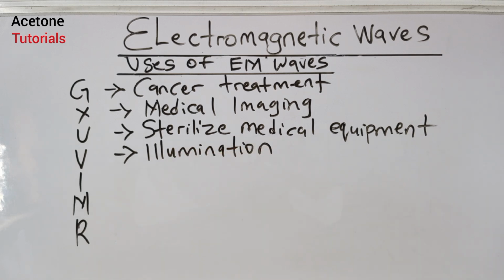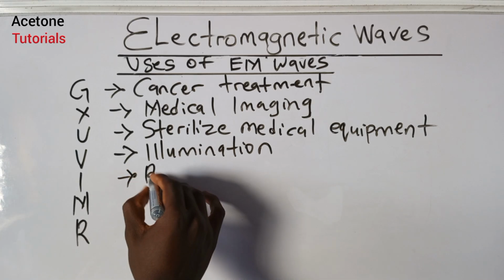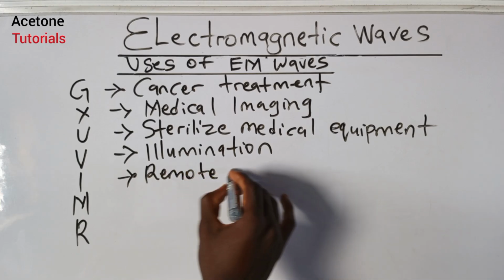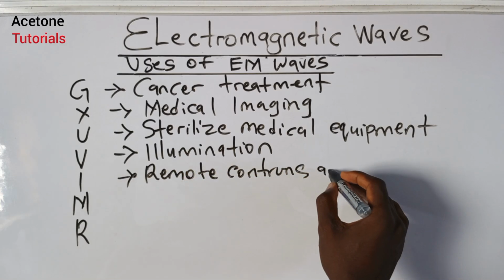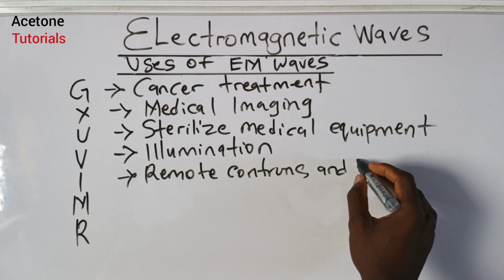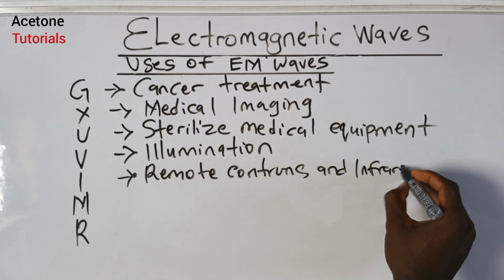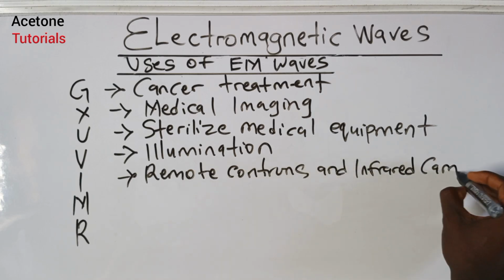So this allows you to see. This is the visible part of the spectrum. For infrared, it is used in remote control for devices, and also infrared cameras.